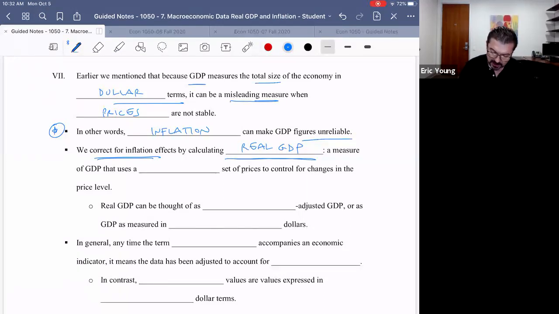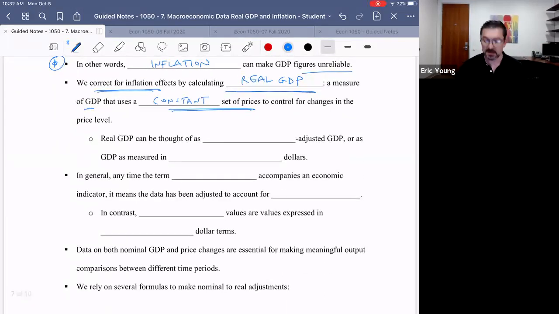Real GDP is a measure of GDP, but critically, it uses a constant set of prices tied to the price basket we learned about last time, to control for changes in the price level. You can think of real GDP as inflation adjusted GDP.